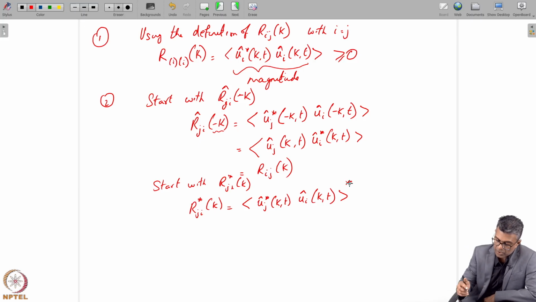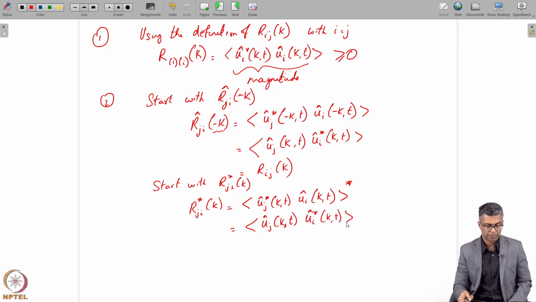Then what happens is you can just take the star of the whole thing, right? So the conjugate of a conjugate gets you the original. So Uj hat of kappa comma t, and then the conjugate of Ui hat becomes Ui hat star of kappa comma t.